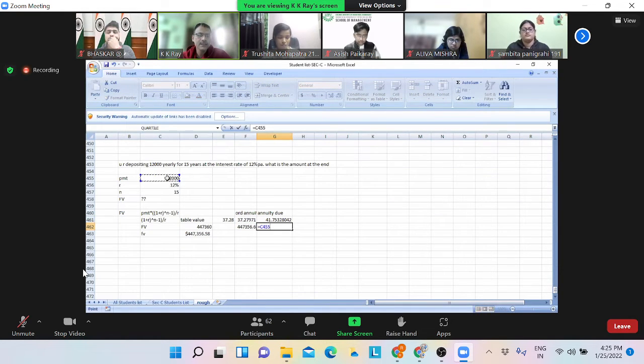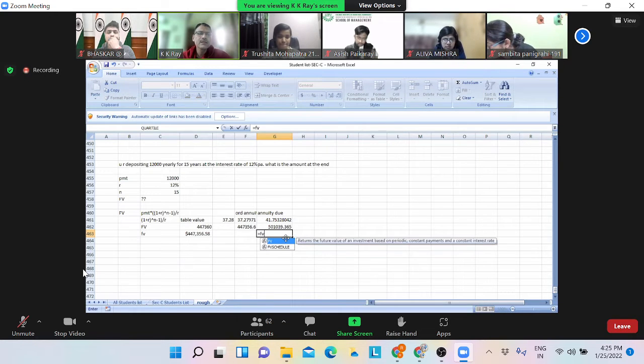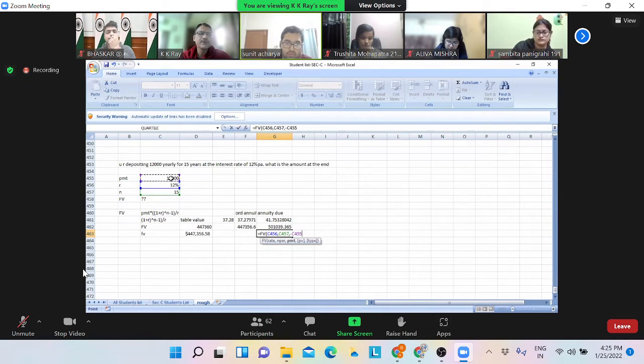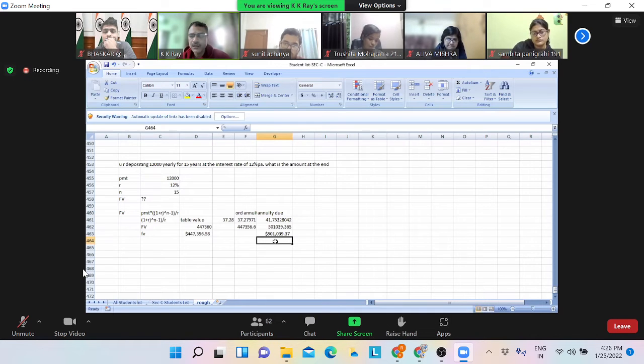If you multiply this by the table value, 12,000, you get 5,01,039. If you do it in Excel, the rate is there. In Excel, how will we do that? Input 1 instead of 0. Very good. So instead of 0, we will put 1. That's the same, 5,01,039.37. So this is the annuity due case and this is the ordinary annuity.